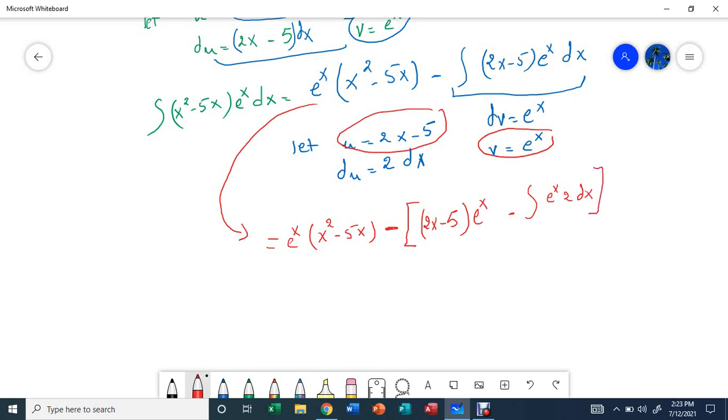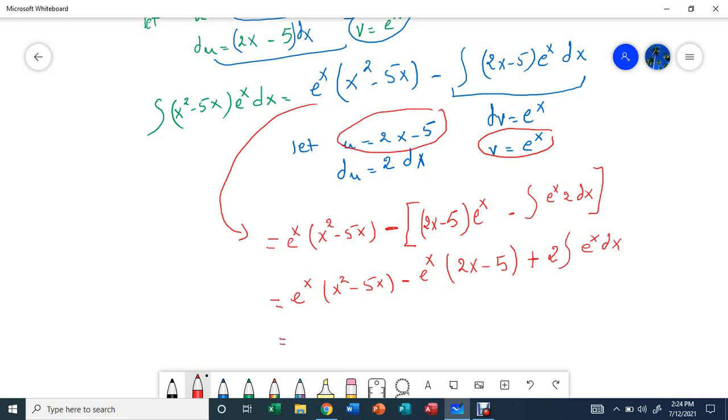So the whole thing equals e to the x times x squared minus 5x minus e to the x times 2x minus 5, and here the integral passes, so minus times minus is plus. 2 is a constant, I'm just gonna pull the 2 out in front of the integral, so the integral of e to the x dx.